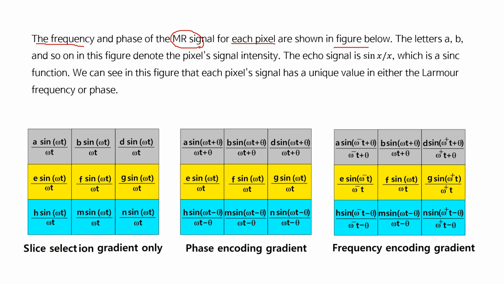The letters A, B, and C and so on in this figure denote pixel signal intensity. So it's A, B, C, or D. The echo signal is represented by the sinc function. This is called the sinc function. You can see in this figure that each pixel signal has a unique value in either the Larmor frequency or phase. Okay.